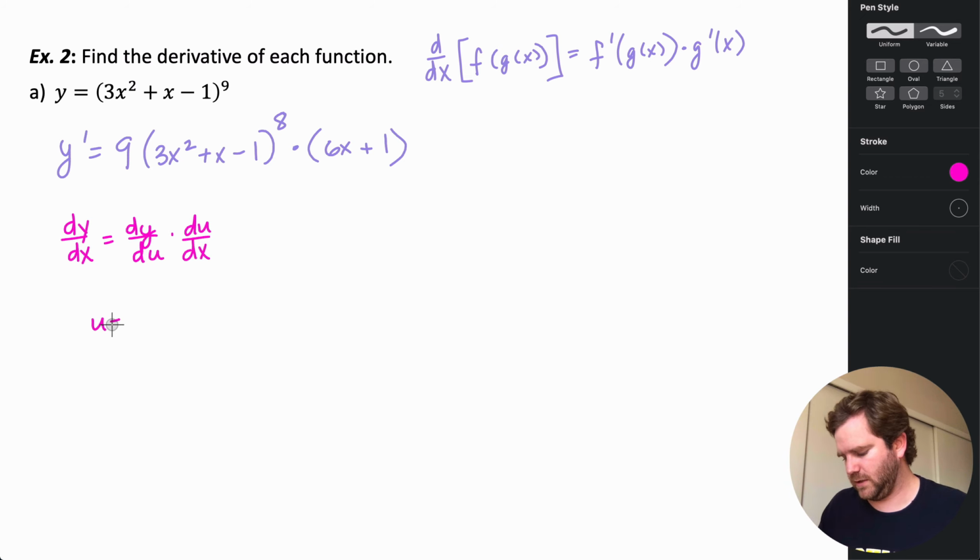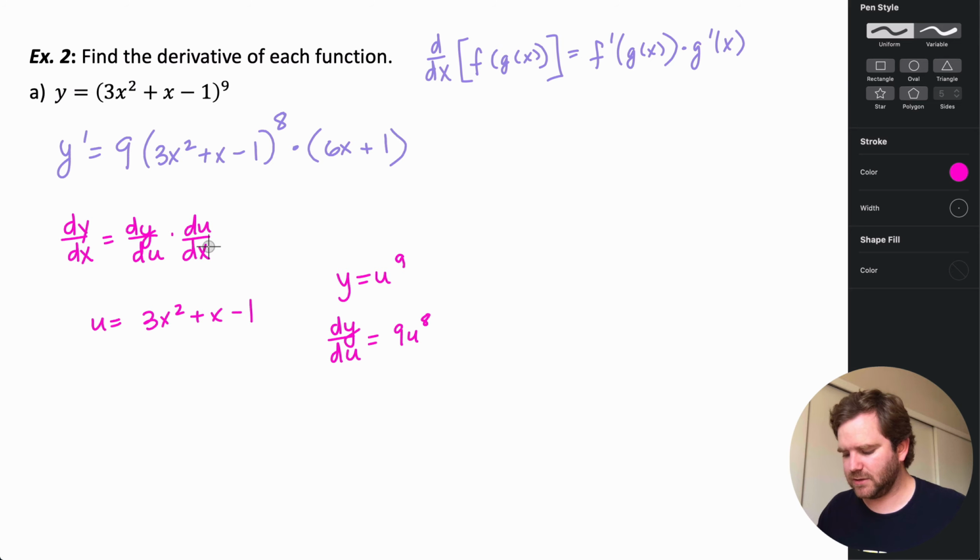So u would be 3x squared plus x minus 1. And then our function y in terms of u would be y equals u to the ninth. Now I need a dy du, so I need to take the derivative of y with respect to u. So dy du is going to be 9u to the eighth. So we have that there.